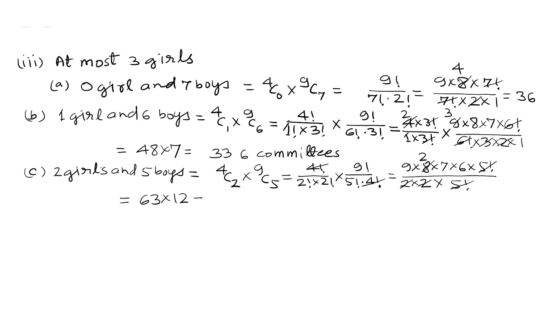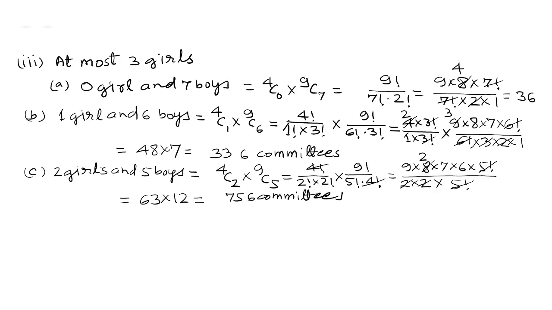So this is equal to 63 multiplied by 12, and on multiplying 63 by 12 we get 12 times 3 is 36. We write 6 and carry 3, and 12 times 6 is 72 and 3 is 75.